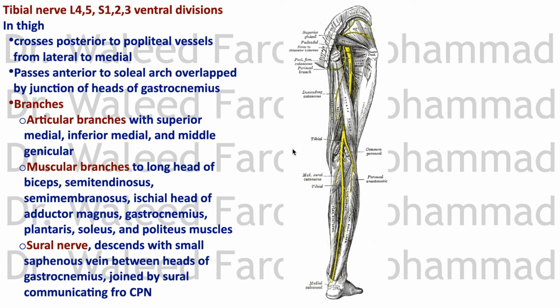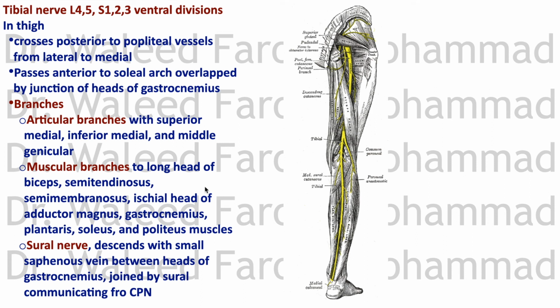Now, branches of the tibial: articular branches with the superior, middle, and inferior genicular arteries. So they're taking the last three branches, the other two branches from the common peroneal, the superior lateral and inferior lateral. The muscular branches to the long head of biceps, semitendinosus, semimembranosus, the ischial head of adductor magnus, gastrocnemius, soleus, and popliteus muscles.